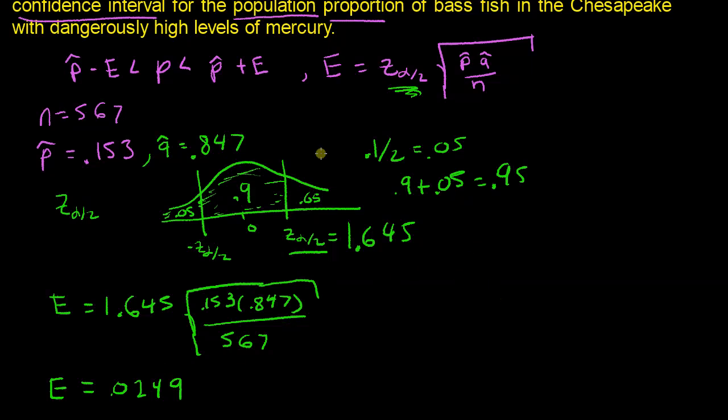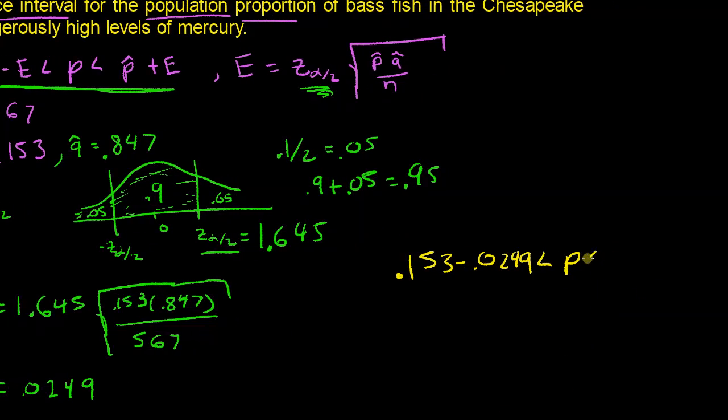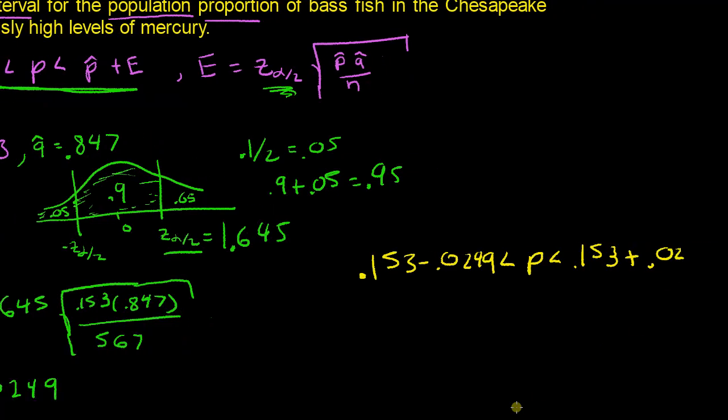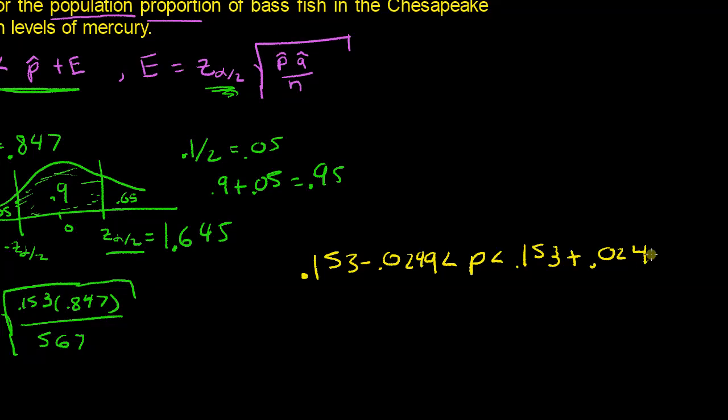So once we have the margin of error, we're ready to calculate our confidence interval. All right. So that's going to be p hat minus the margin of error. So p hat is 0.153 minus the margin of error, which is 0.0249. All right. Put the population proportion in the middle, and then 0.153 plus the margin of error, 0.0249.